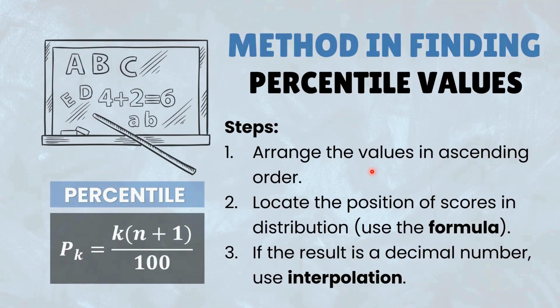Step 1, arrange the values in ascending order. Step 2, locate the position of scores in the distribution using the percentile formula. If our answer in step 2 is a whole number, no need to proceed to step 3. But if our answer in step 2 is a decimal number, we have to proceed to step 3, which is interpolation.